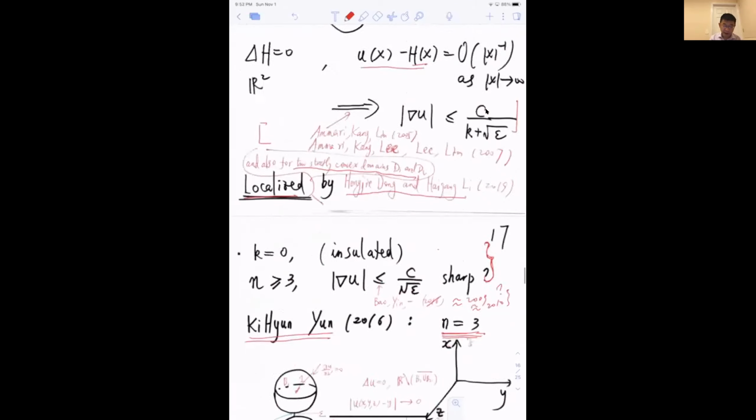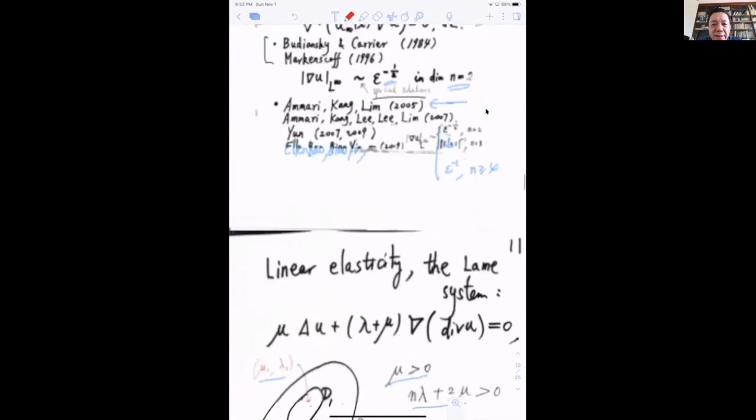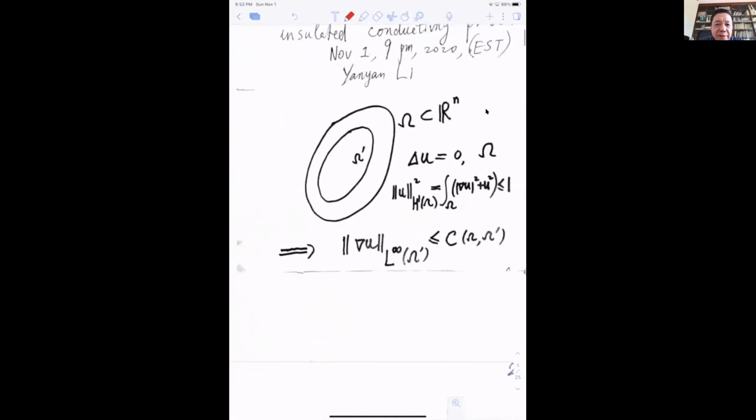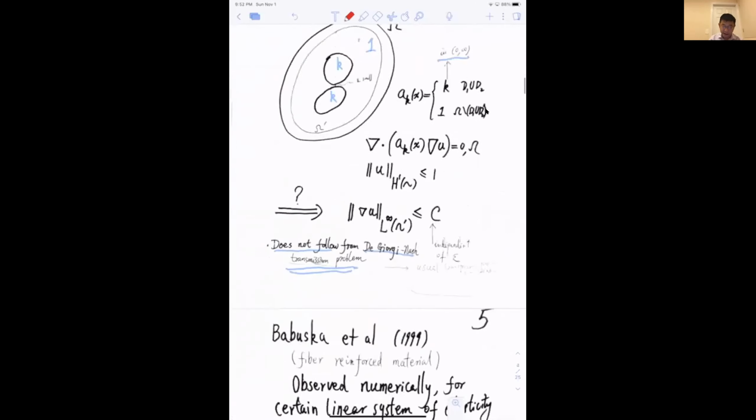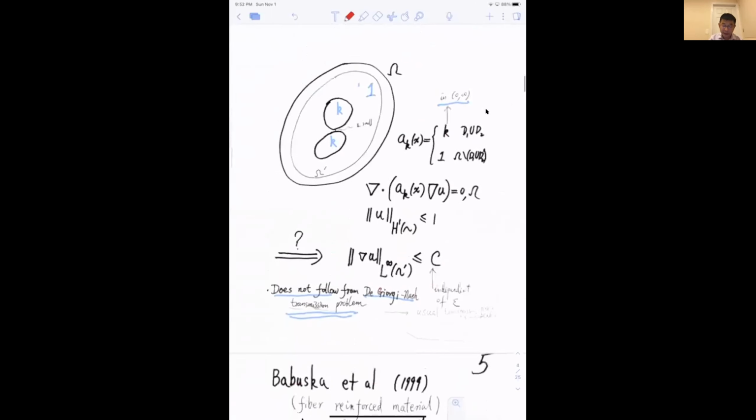If this A_k is a smooth function with a lower bound, with normal control, for example the gradient of A_k bounded, then it's okay.